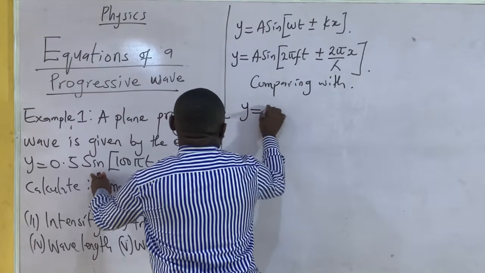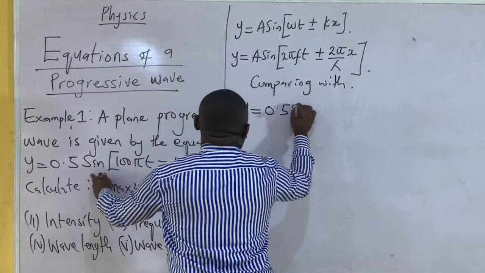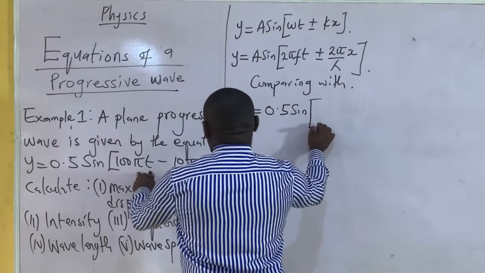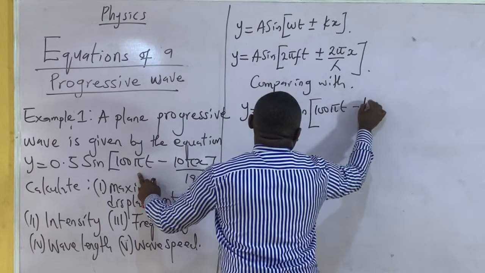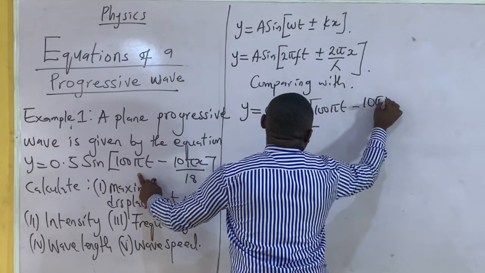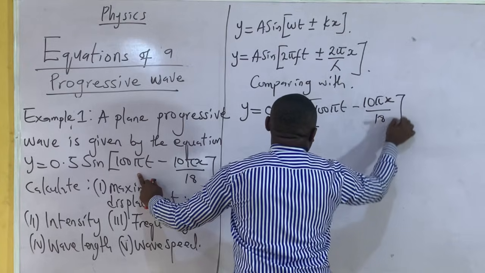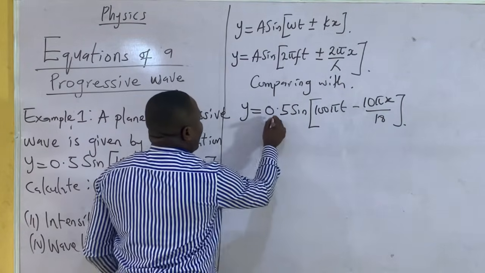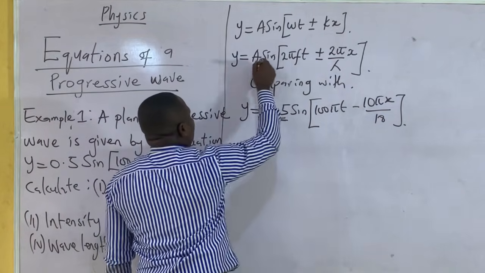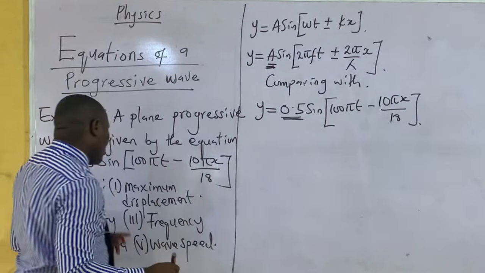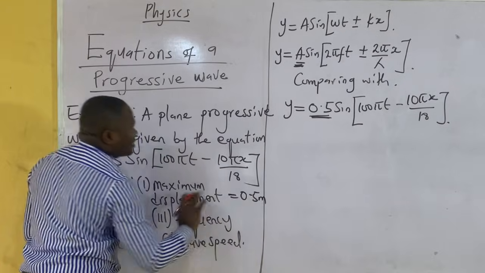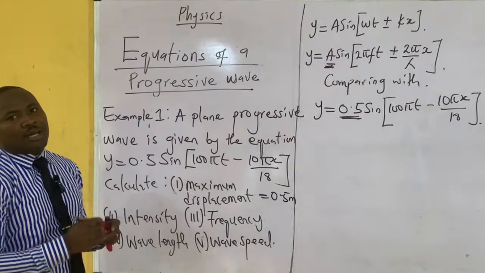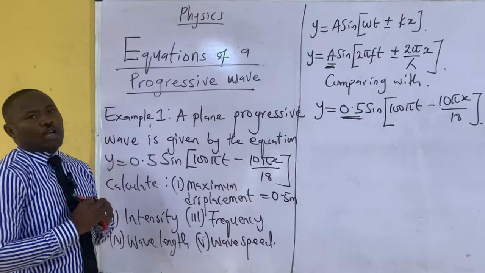Y is equal to 0.5 sine open bracket 100 pi t minus 10 pi x over 18. So now it means my 0.5 here is my A here. So my maximum displacement is equal to 0.5 meters. Very simple. Remember, maximum displacement is also called amplitude.